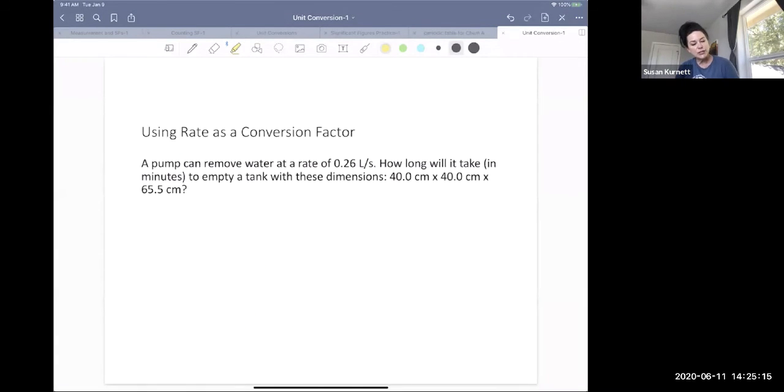Okay, and the last one is using rate as a conversion factor. So rates are also things that are measured that get us from one kind of thing to time, or from time to a different dimension. And so here we have a pump that can remove water at a rate of 0.026 liters per second. So we can go from volume to time, or from time to volume using this rate.